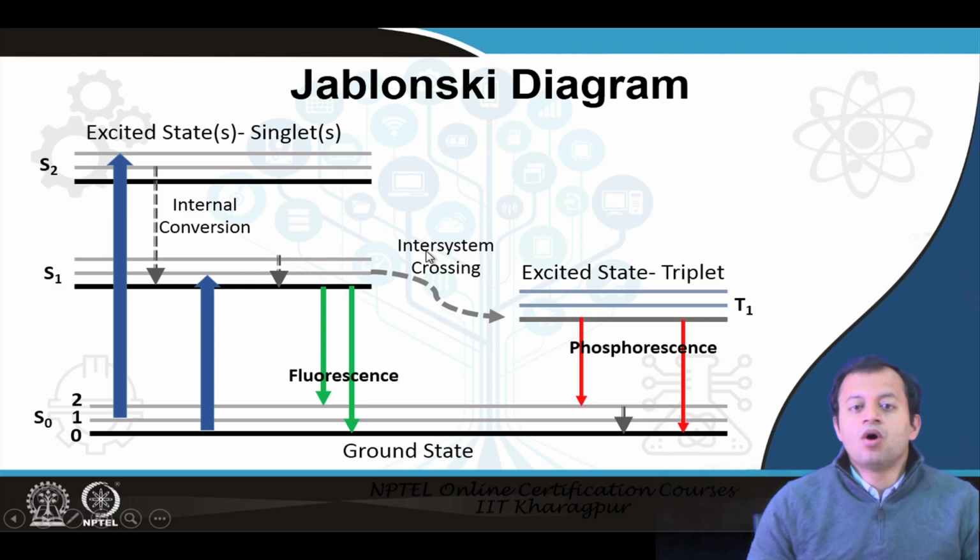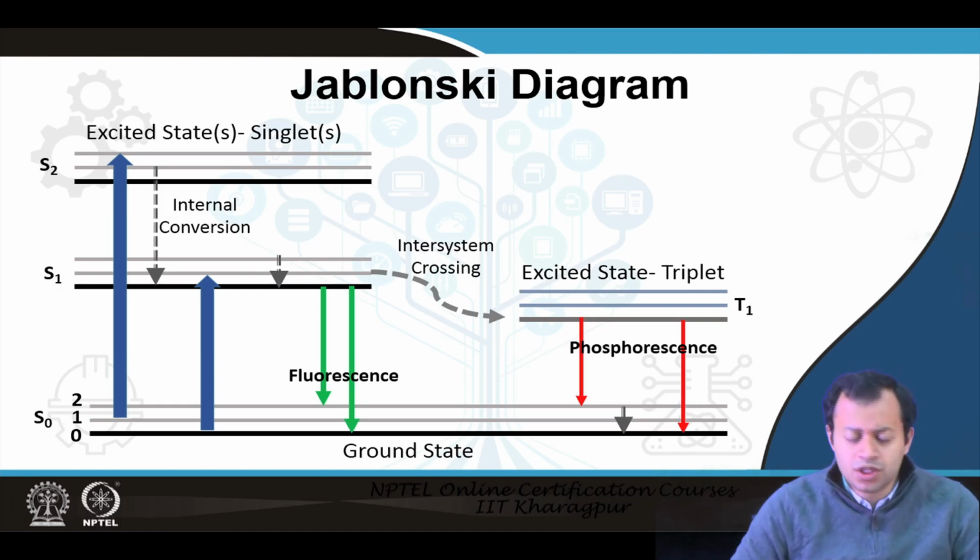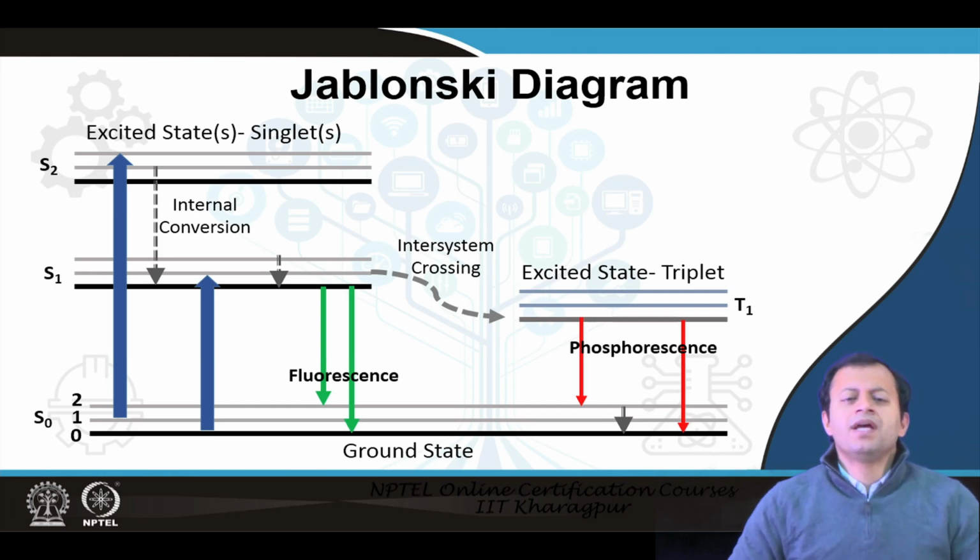It is called spin orbital coupling. Do not worry, I will not discuss too much detail, because this is not a quantum physics course, this is a biophotonics course, but understand this: spin orbital coupling happens. What does it mean?